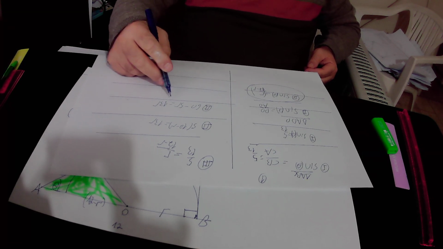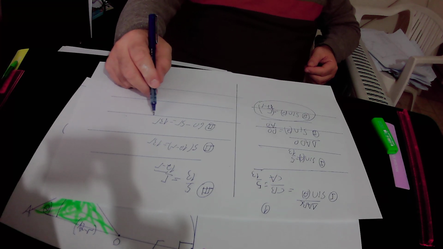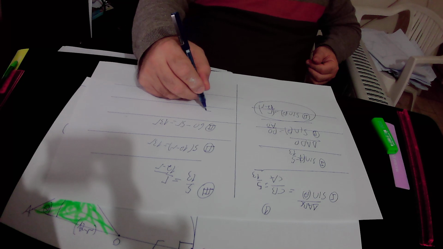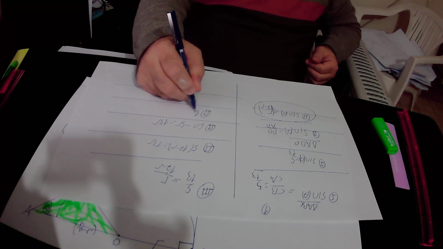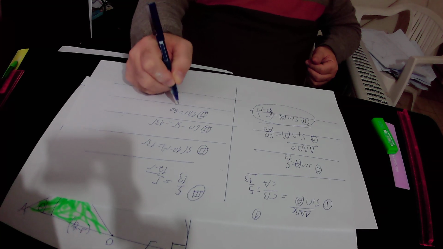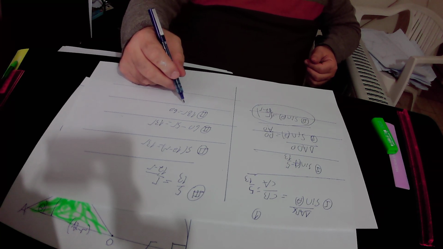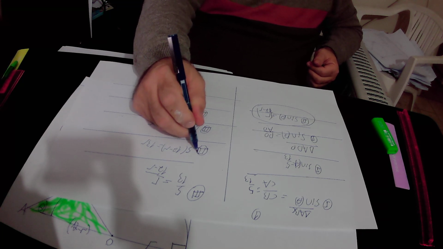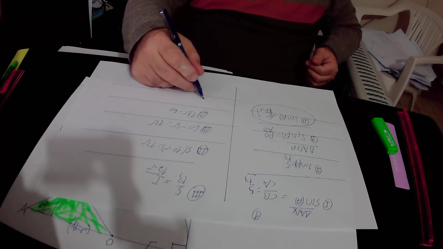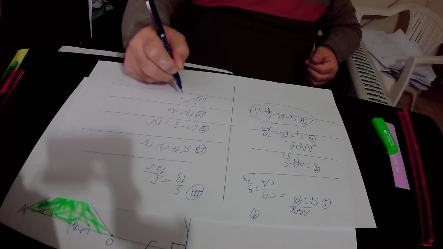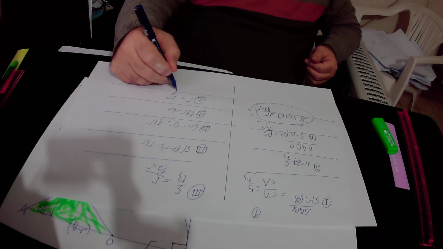Here we will add 5R to the equation and we will get that 13R plus 5R is 18R equals 60. We'll divide this equation by 18, and we'll get that the radius of the semicircle equals 60 over 18.